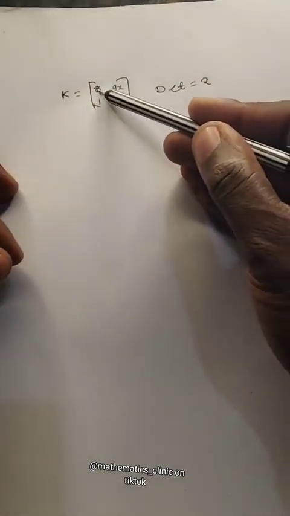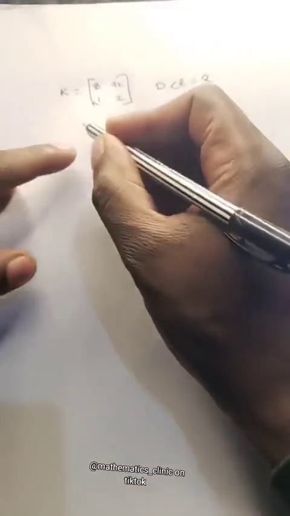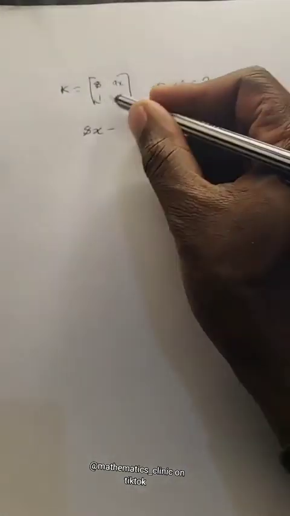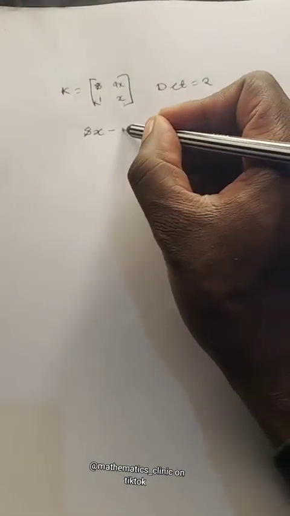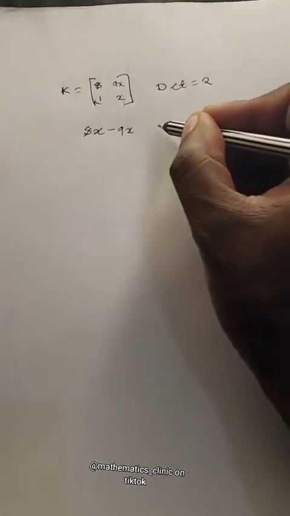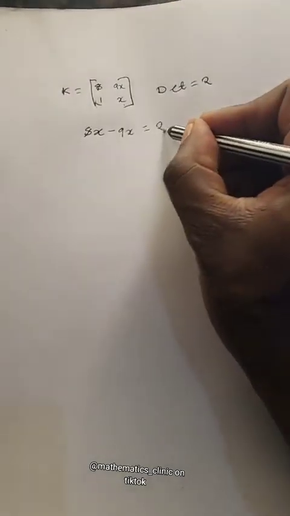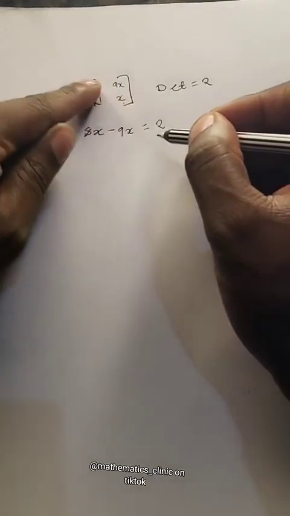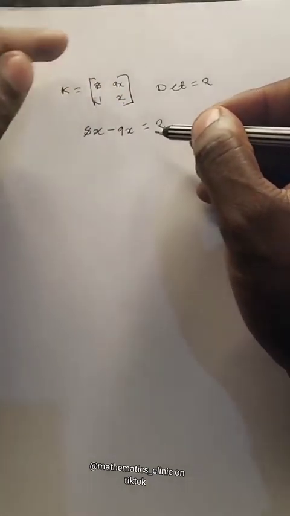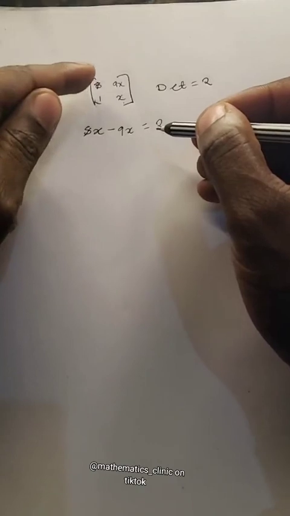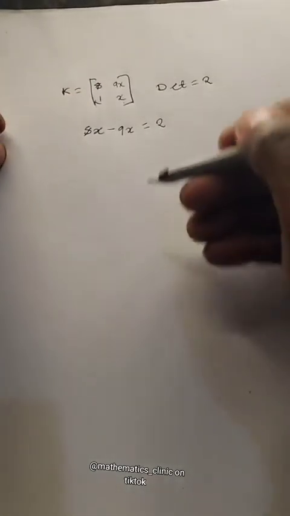So it will be 8 times x, which is 8x, right? Then it's a minus 1 times 9x, we get 9x, is equal to the determinant. Because this multiplication of the major diagonal minus the multiplication of the minor diagonal, we do that when finding the determinant.